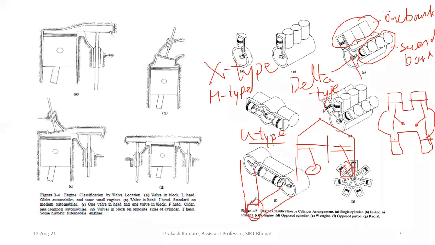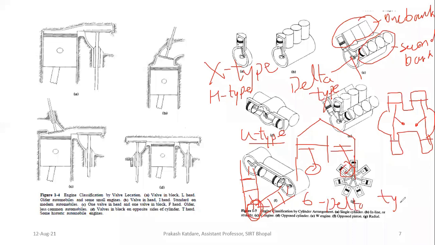So there will be a total of three different camshafts, and the number of pistons operating here is a total of six. This type is known as our delta type.